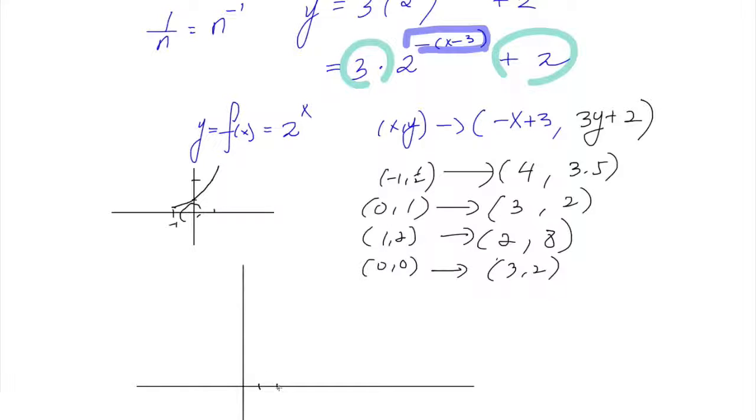So 1, 2, 3, 2, 1, 2. So draw a dot there to see that's the center. And then plot the points. 4 and 3.5. So there's 4. This is 2, 3, 4. So 3.5 will be there.